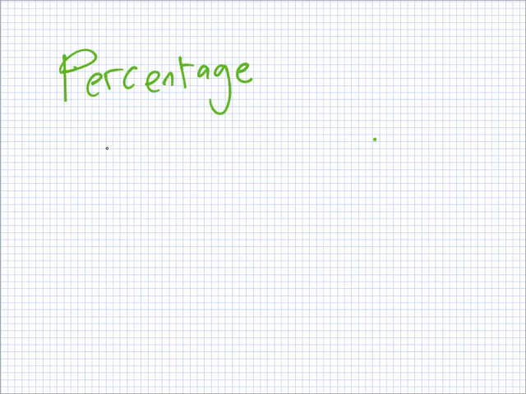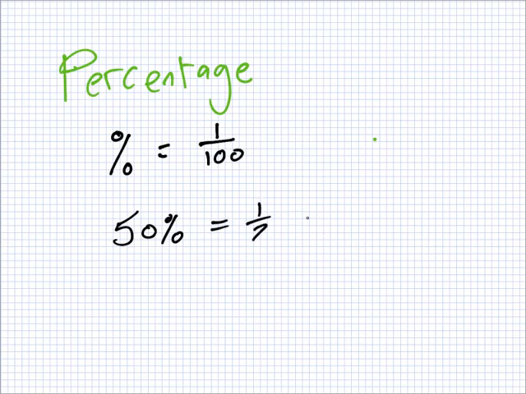And so just so you're clear, a lot of books actually say that percent equals 1 over 100. So for example, it's perfectly fine to say that this is the same as this, it's the same as this. So it's like the percent symbol represents 0.01.